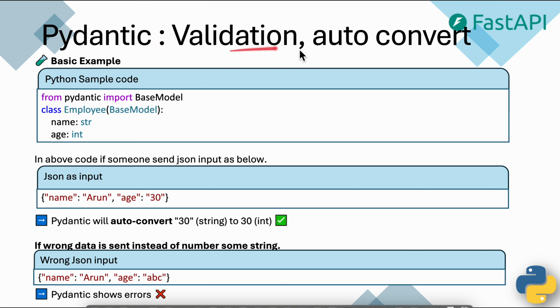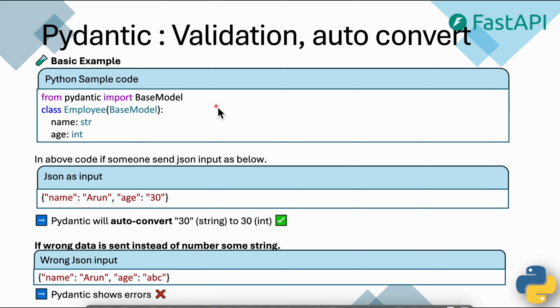Pydantic validation and auto conversion. Basic example: from pydantic import BaseModel. A class named Employee which is derived from BaseModel and has two attributes, name and age. Name is defined as a string, age is defined as an int.